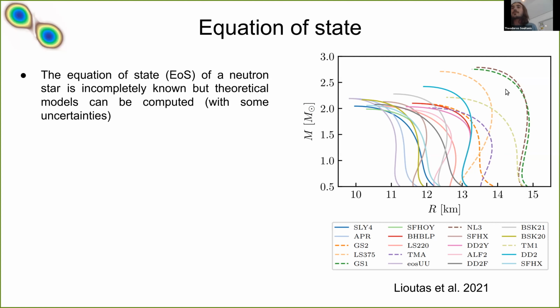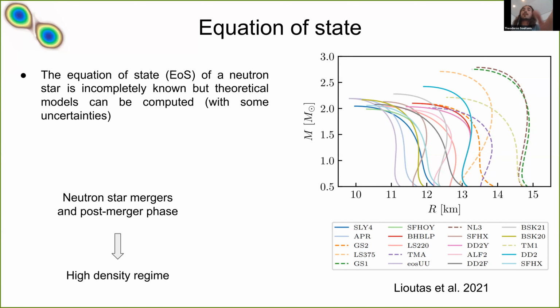For that, neutron star mergers are a good way to study this problem, because when the two stars merge, we reach very high densities, and then we also get gravitational waves. And the properties of these gravitational waves depend on the equation of state.